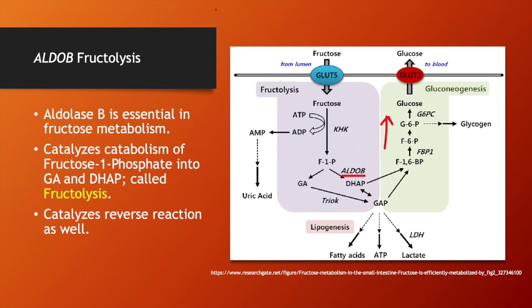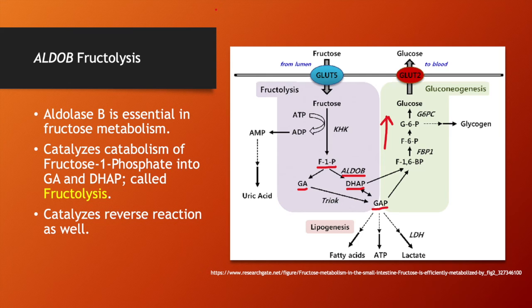So aldolase B, right here in the diagram, is going to catalyze the catabolism of fructose 1-phosphate into glyceraldehyde and dihydroxyacetone phosphate. And both are going to be converted into glyceraldehyde 3-phosphate with the help of other enzymes.